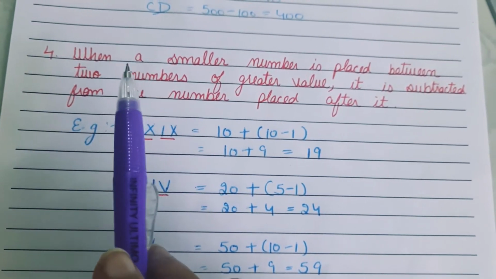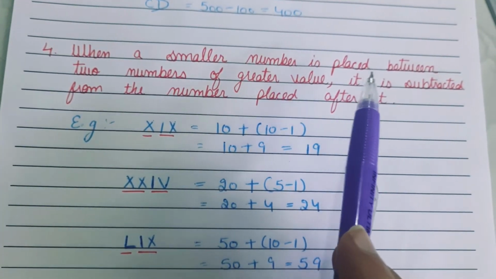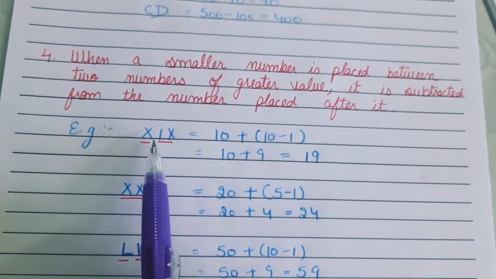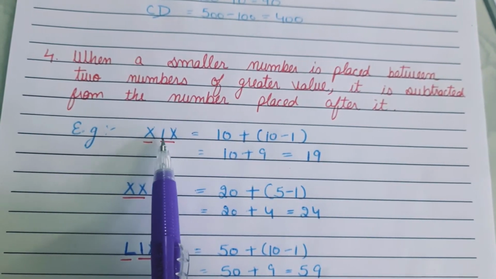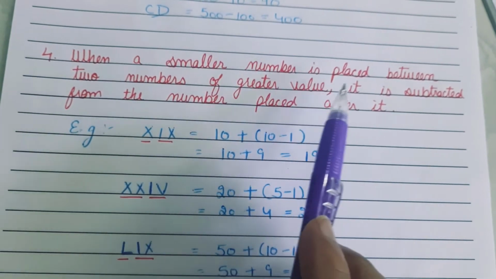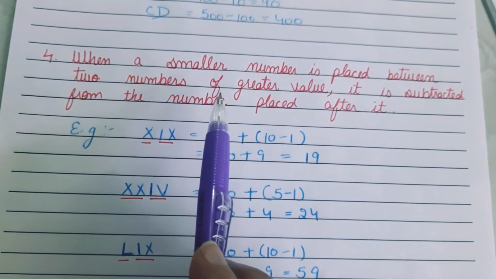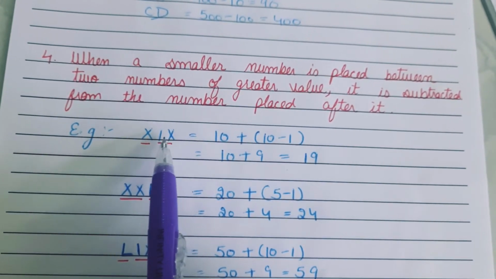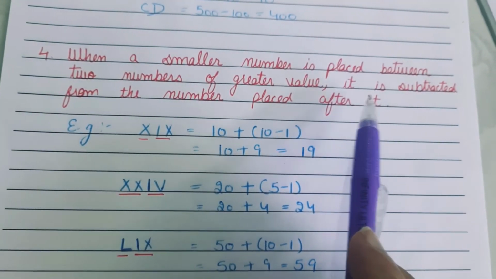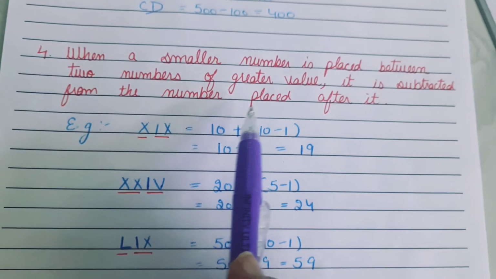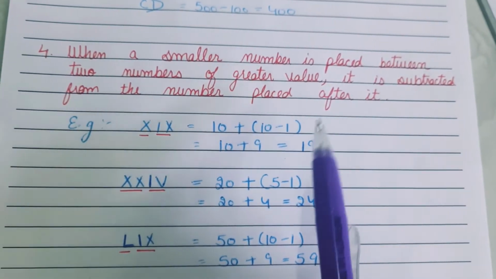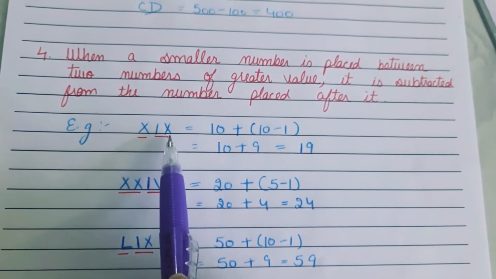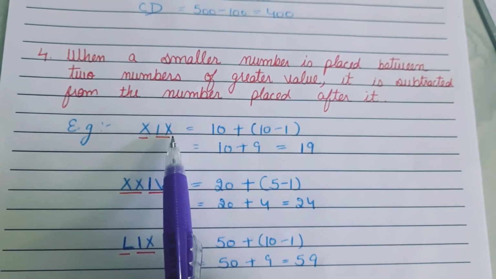Like here, X, I, X. Here X and X are greater and I is the smaller, so it is subtracted from the number placed after it. So here I is subtracted from the X, so we can also write it as X and IX.